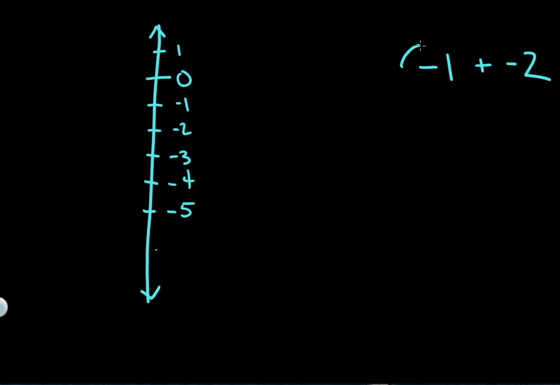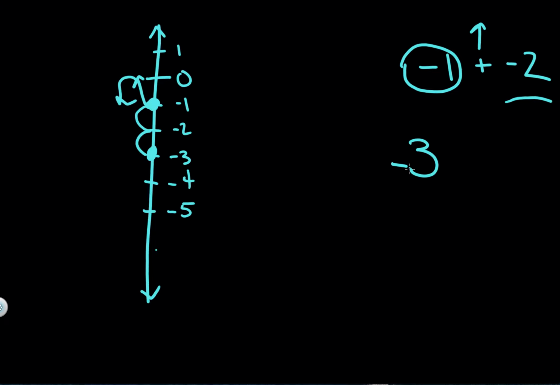We start here. So I start with a dot on my -1. Plus means I'm going to start going up. So I would start going up here. I hit the negative. It means I do my U-turn. And I'm going to count down 2. This goes down 1, 2, landing on the answer of -3.